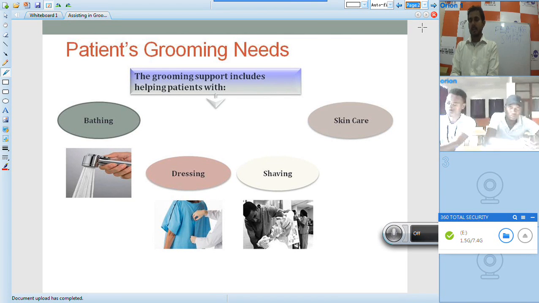Why does grooming need to be maintained for the patient?